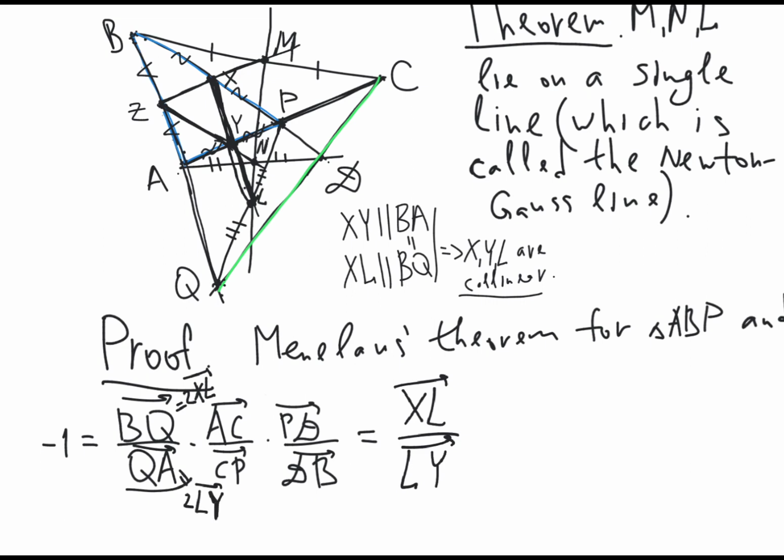They're all twice smaller. So LY is twice smaller than QA. So that's why the ratio is the same. And similarly for the other two ratios. So let me remove this.